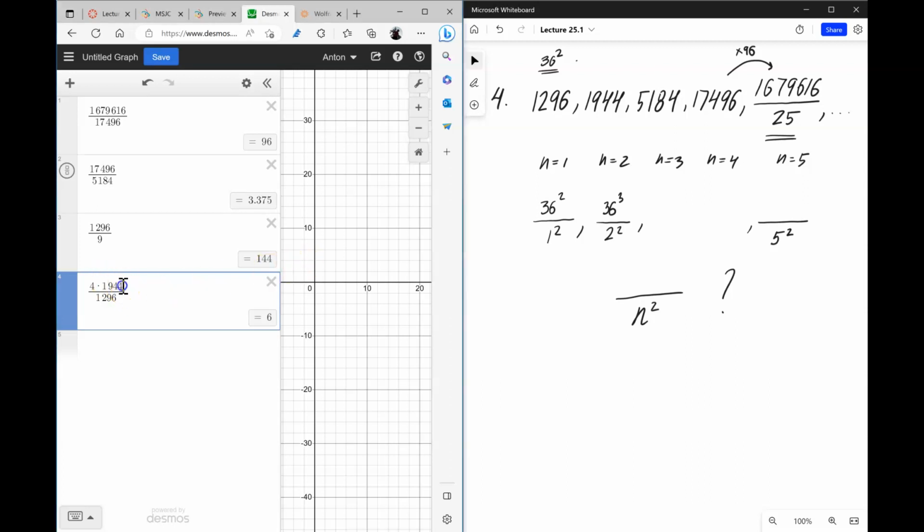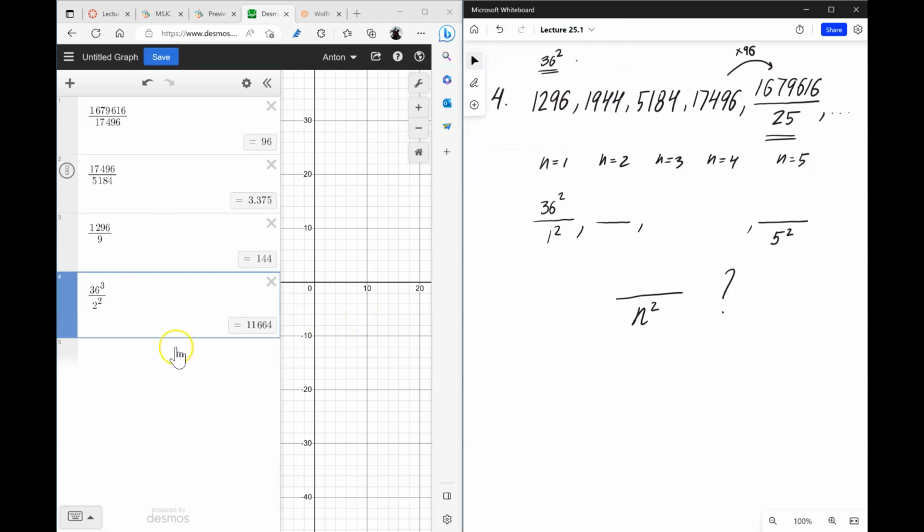Let's check that. 36 cubed divided by 2 squared. No, where did I get that from? It's times and a half, so it's times 3 over 2.